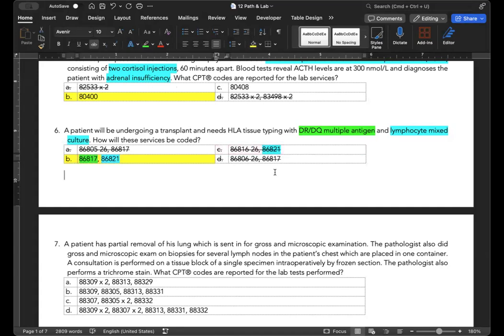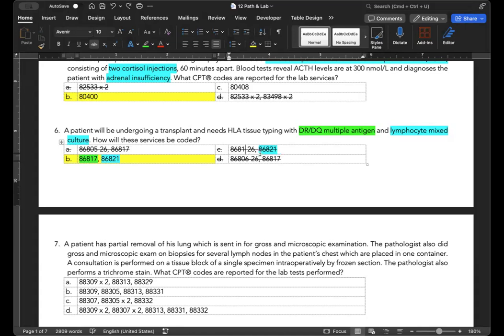The only thing I don't understand is that 26 modifier. They just put that on there to see if you're just going, oh, well, this is the test, so I'm just going to do a 26. Yeah, they sometimes just throw random modifiers on there to see if you're paying attention to those. Because I'm like, why would they need it? I mean, no reason why they would need it. They could have potentially done an 86817 with a 26. So knowing that we have to have 86817, they're going to throw on that modifier to see if you're like, oh yeah, it's got a modifier, that probably is needed.